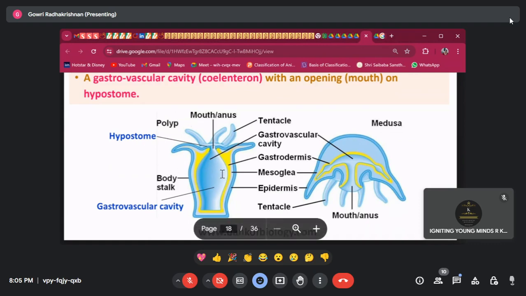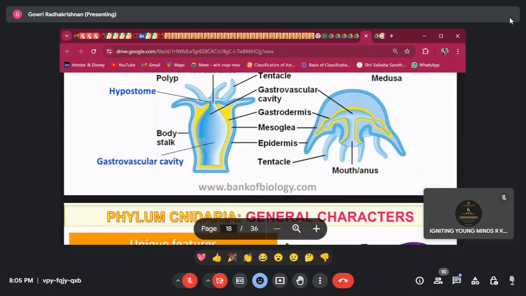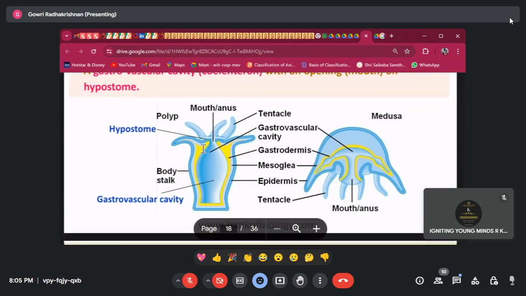You can see here the upright position is a polyp and the inverted type is a medusa. Some organisms exhibit this and some exhibit this as well. Both are in the same phylum. All right. Now this is the hypostome here, and this is the tentacle, mouth and anus.